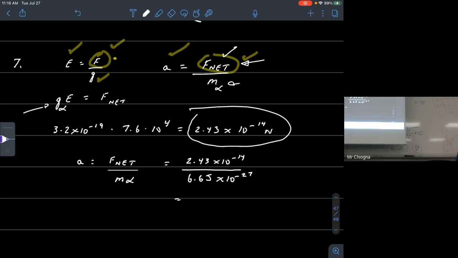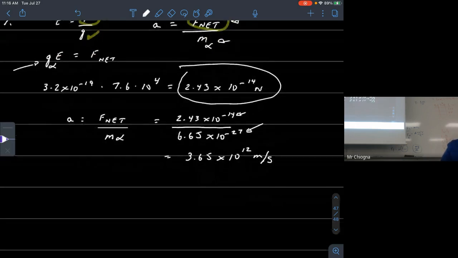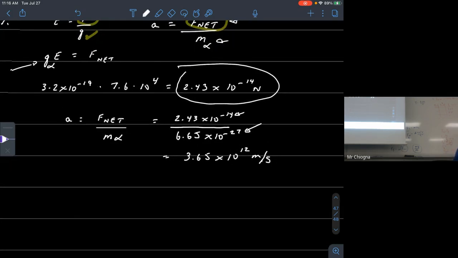So this is going to be pretty small, big, actually big. Big, because this exponent is a lot smaller than this. Is that the right unit? What's the unit for acceleration? Okay.